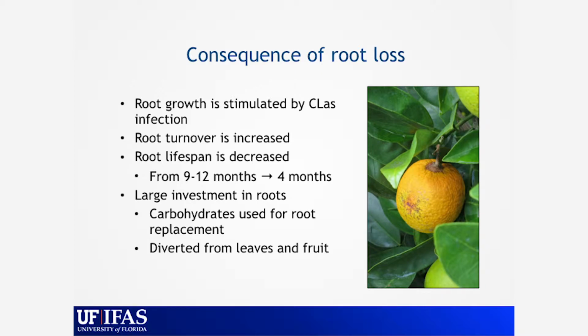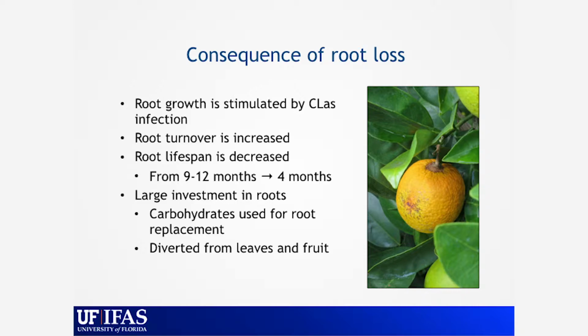Root growth is stimulated, root turnover is increased, and root lifespan is decreased significantly, from 9 to 12 months typically on a healthy tree to 4 months. This represents what we call a large investment or cost to the tree that is reflected in carbohydrates used for root replacement and diverted from leaves and fruit in their sustainment.